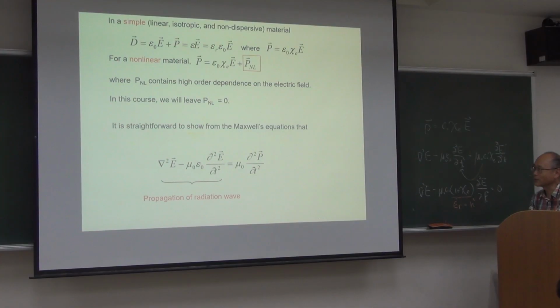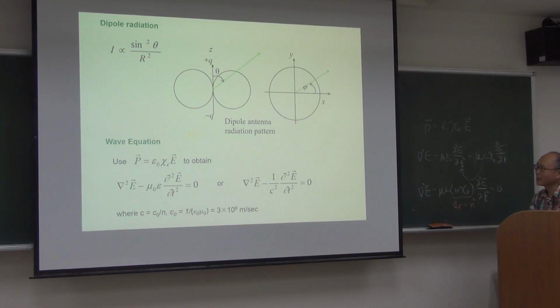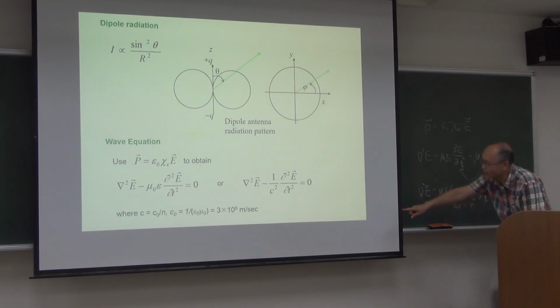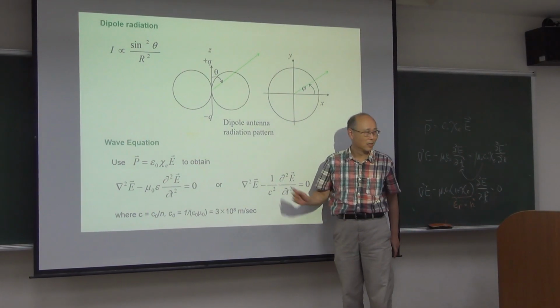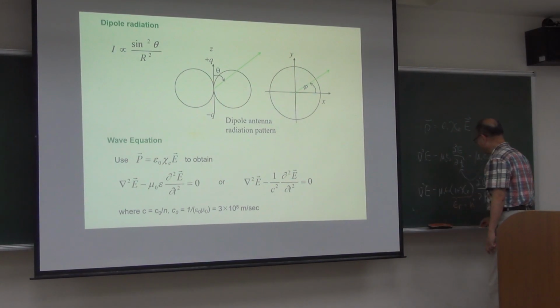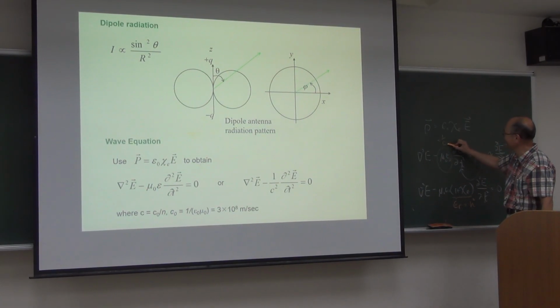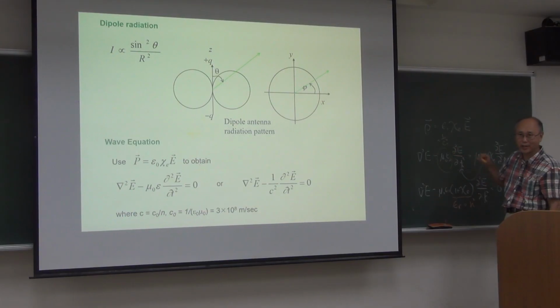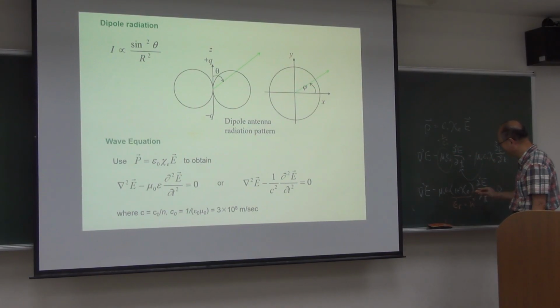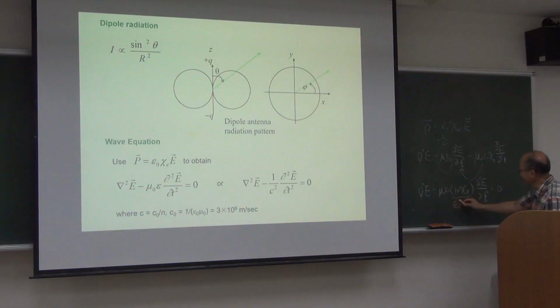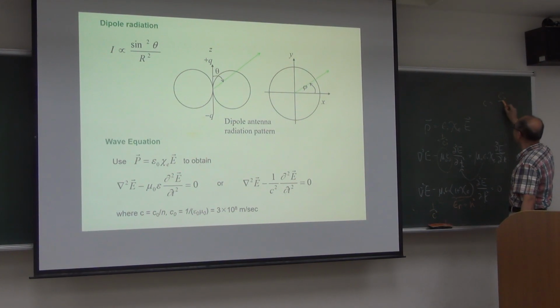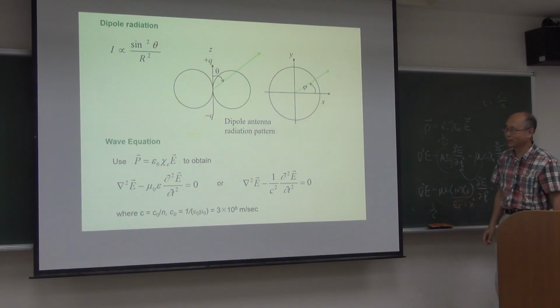With this you can write the following. This is equal to 1 over c naught squared, where c naught is the vacuum speed of light. And for this, you have 1 over c squared, where c is equal to c naught over the refractive index.